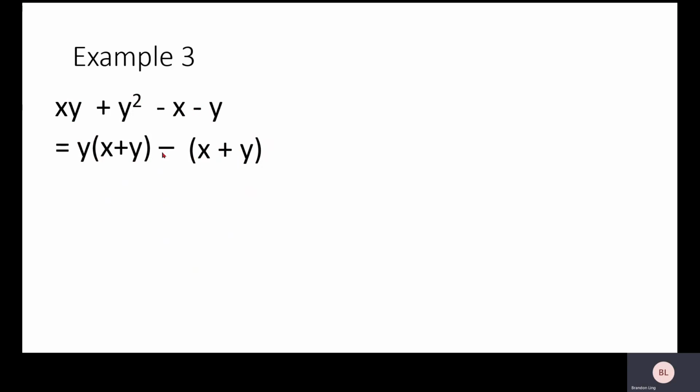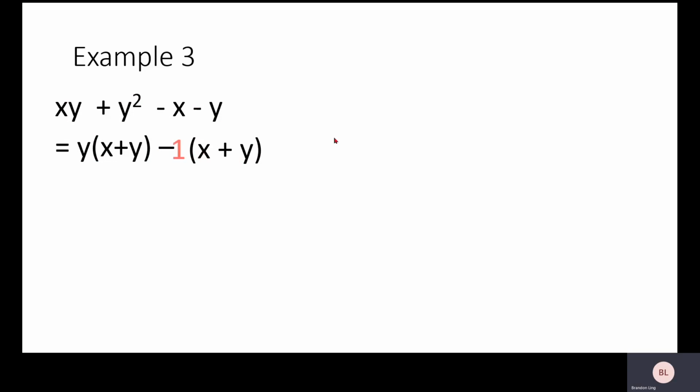Essentially, you can do a calculation or a double check. When you use minus x minus y here, you still get back the same answer when you expand this bracket. What is special about this question is that there's no coefficient at the front here.